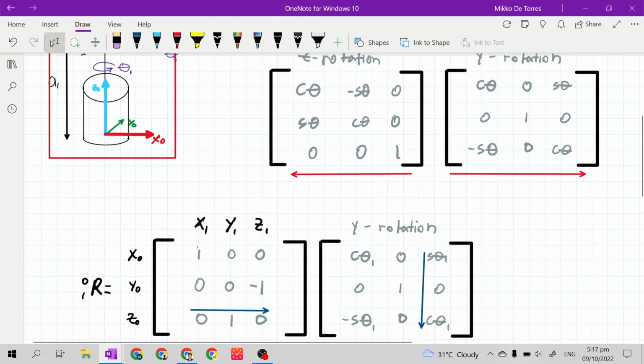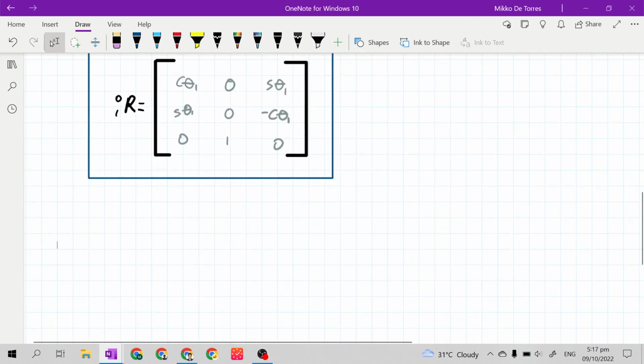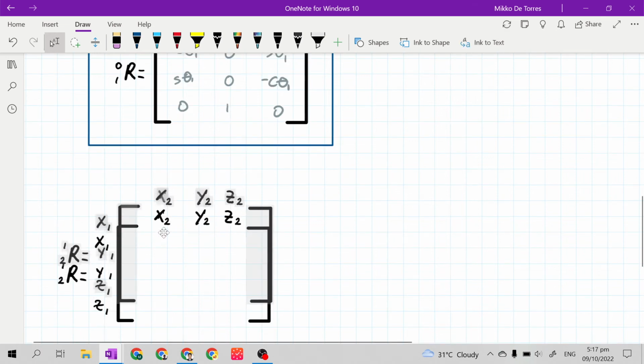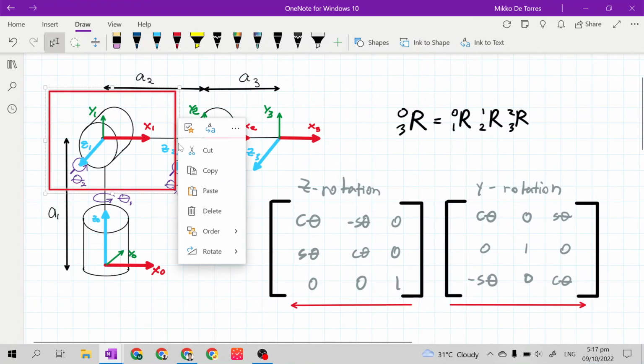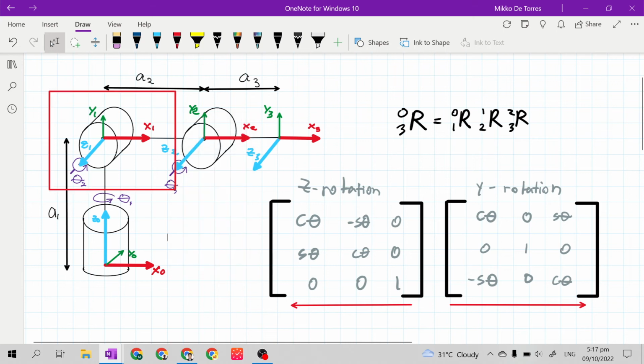Next for R12. We are now at the second rotation matrix. First we will look at the location of the joint variable theta.